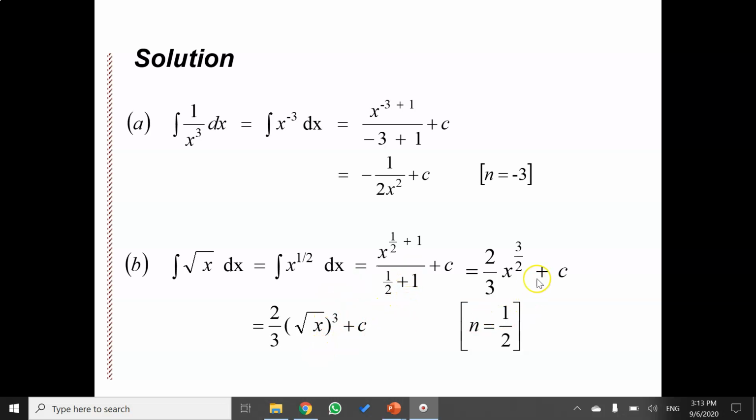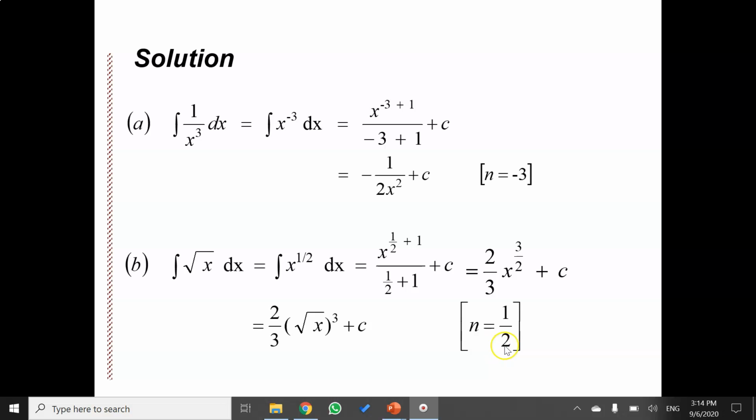You just write it back, 2 over 3. How do you get the 3 over 2 here? Because x to the power of 1 over 2 is actually the square root, so we have 1 over 2 from here, then plus 1, so you have the power of 3 over 2.